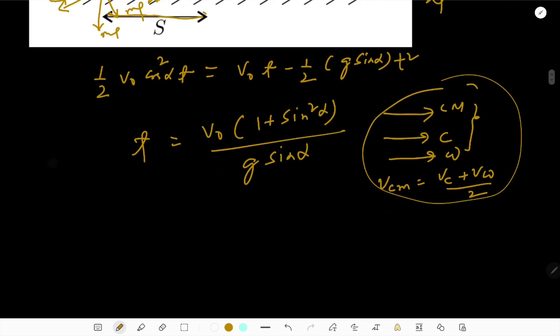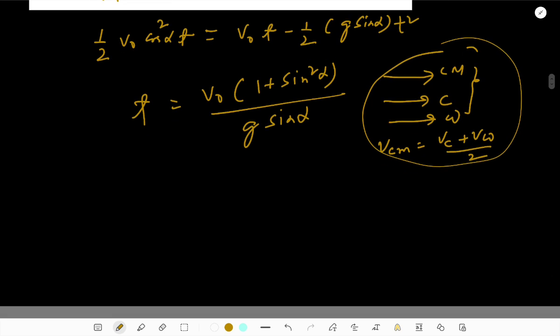So I would like to invite the principle of superposition of velocities, and I can write velocity of cube equals velocity of cube with respect to wedge plus velocity of wedge. And in the horizontal direction, the velocity of cube and velocity of wedge are the same, so VCW equals 0.